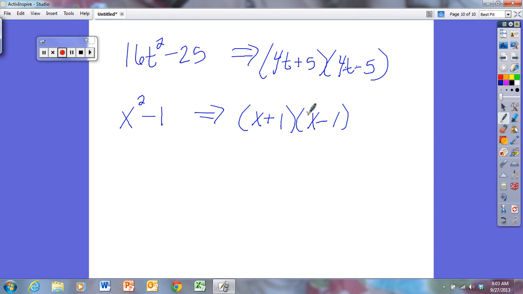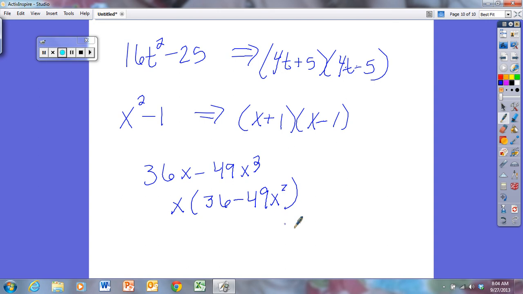Now, what happens when you have a GCF? Check this out. Notice here there's a GCF of x. When I factor out an x, I end up with, oh, this is cubed, sorry. I end up with a binomial.